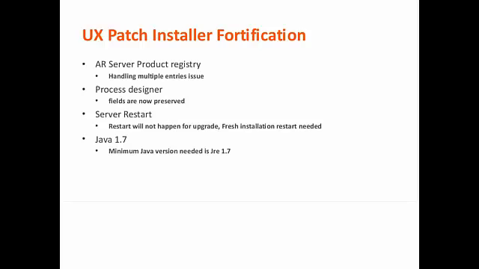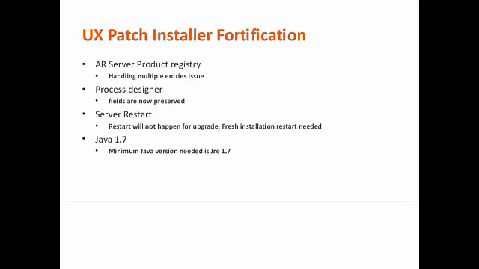From Smart IT 1.0 SP1, even if you have several entries for the AR server in the product registry, it will pick the correct one and find the exact AR.conf, detect the database version, and complete the UX patch installation successfully.